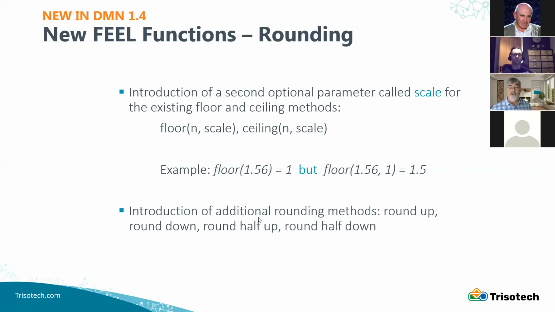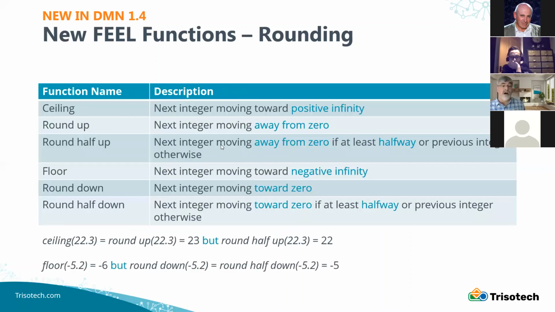We also introduced a series of other rounding methods: round up, round down, round half up, and round half down. And this granularity was introduced from our financial service type of customers and users that needed more precise functional values and control.